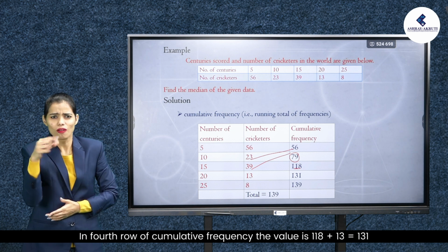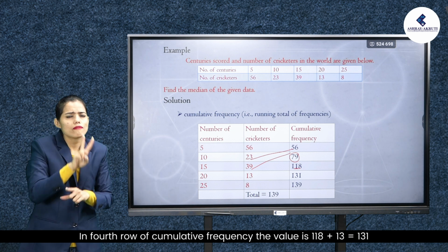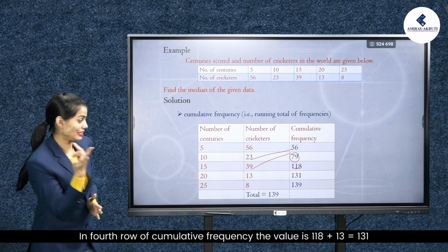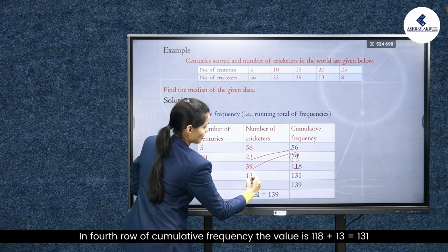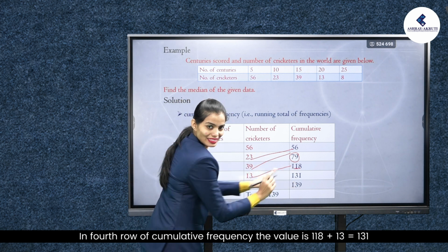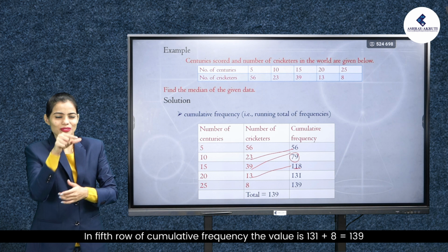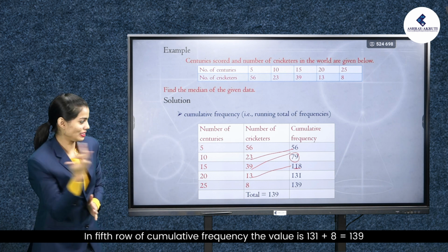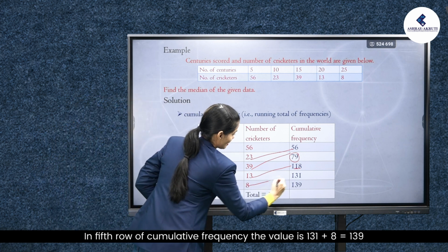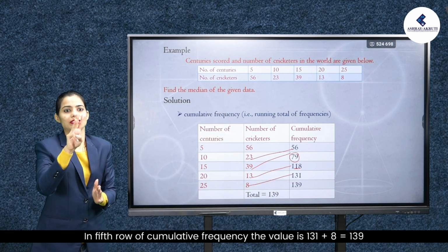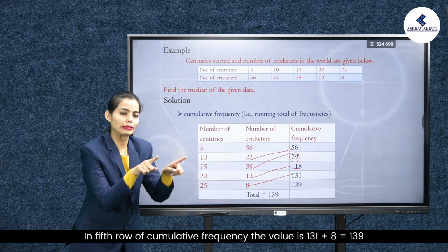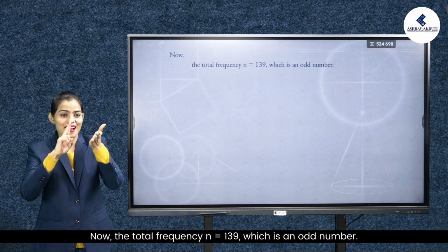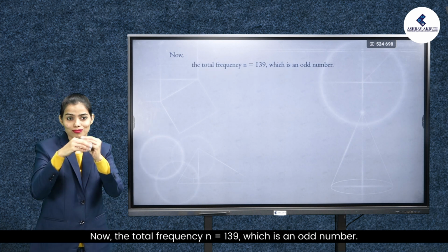In the fourth row of cumulative frequency, the value is 118 plus 13 is equal to 131. In the fifth row, the value is 131 plus 8 is equal to 139. Now, the total frequency n is equal to 139, which is an odd number.